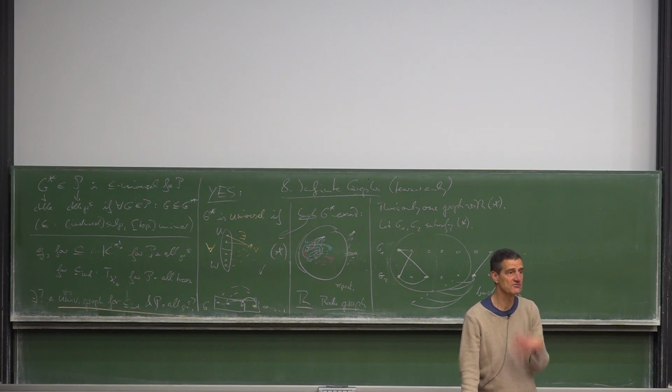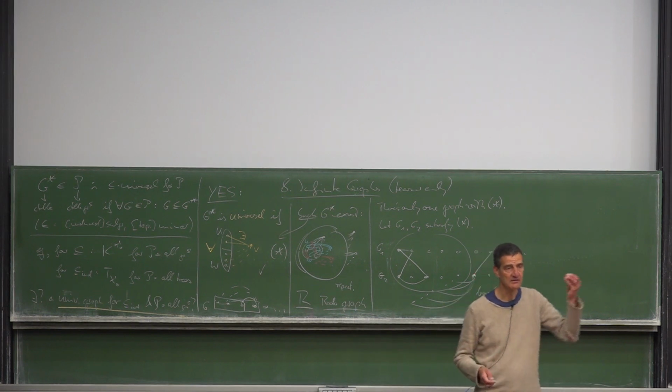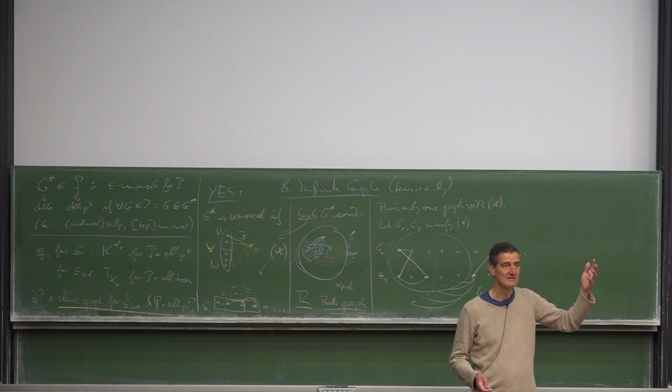Or all of these three things at once, but only finitely many changes. That will not kill property star. Well, that's obvious too, right? Suppose you have deleted finitely many vertices or edges. Then you want to show that what remains still satisfies star.